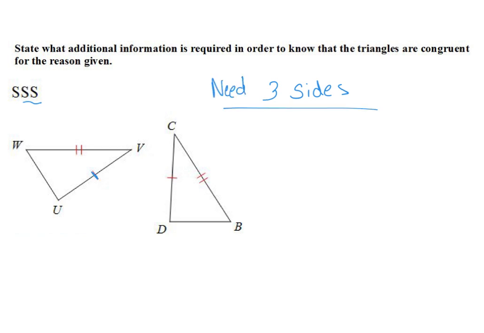Based on my diagram, I have one side, I have the second side, and I just need the third side. So if I want to state the information I need, I would say UW has to be congruent to DB.